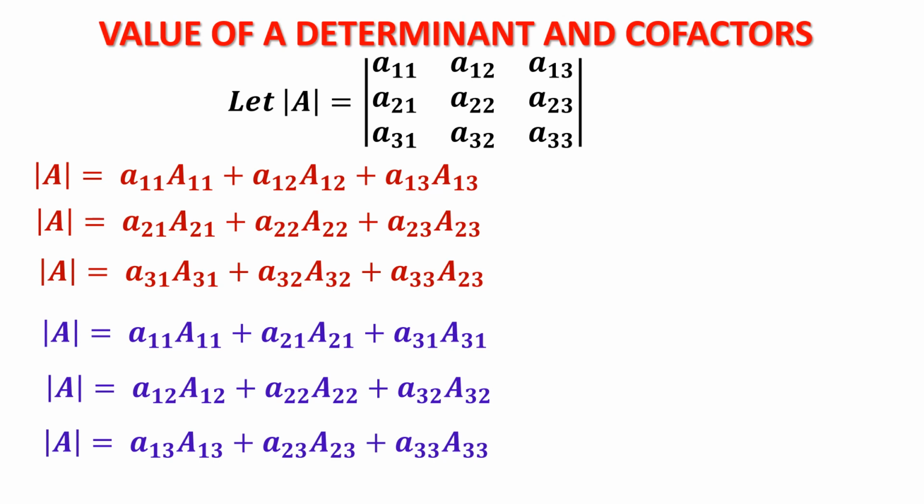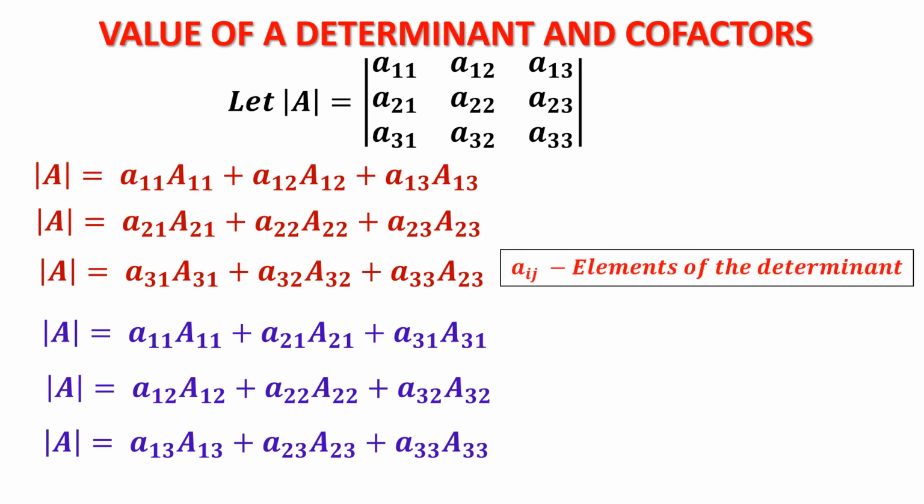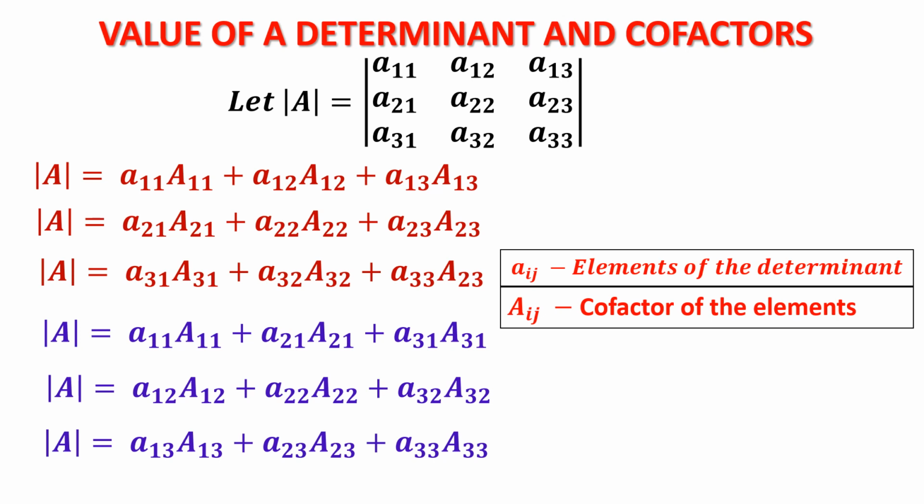If it is A21, it should be multiplied with its cofactor A21 only. Be careful with that. We cannot have any kind of zigzag way of multiplying. The element is multiplied by its corresponding cofactor. That you have to remember. Aij is the element and capital Aij is the cofactor.